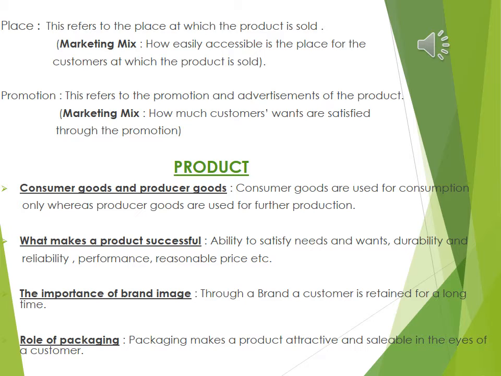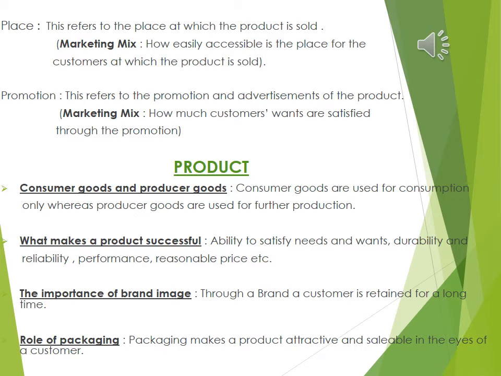For example, shampoos, soaps, even in the long run that are consumed, like sofa set, furniture, etc. Whereas producer goods are those goods which are used to produce other goods and services, like capital goods.